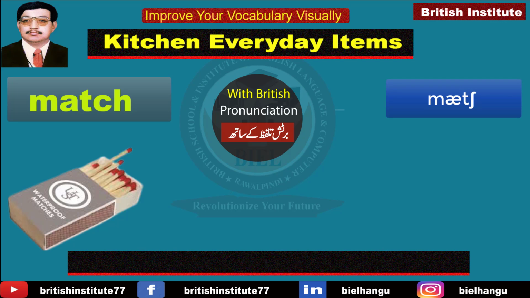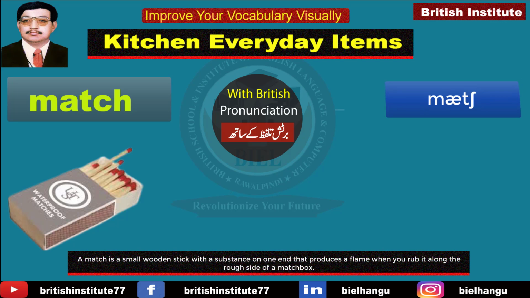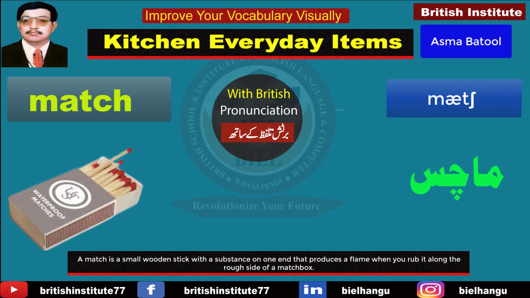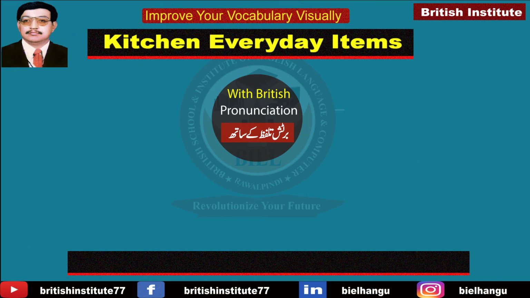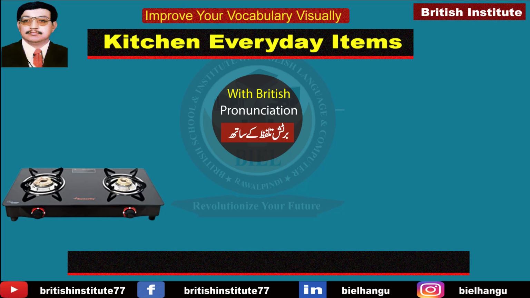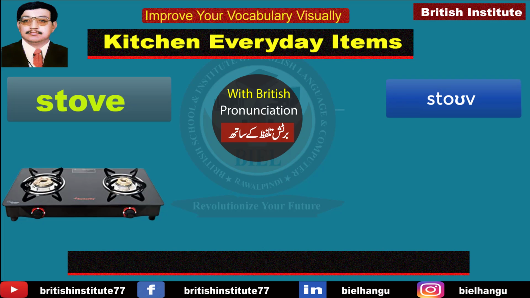Match. A match is a small wooden stick with a substance on one end that produces a flame when you rub it along the rough side of a matchbox. Stove.